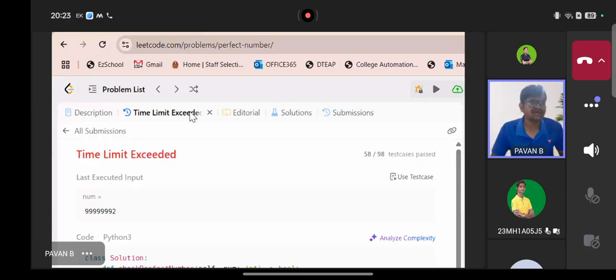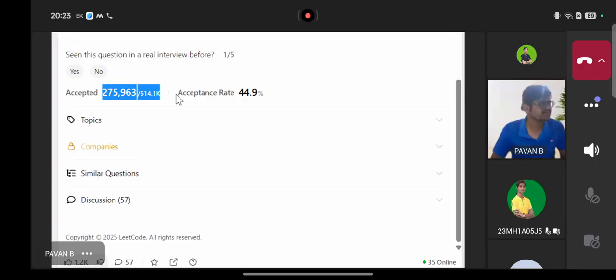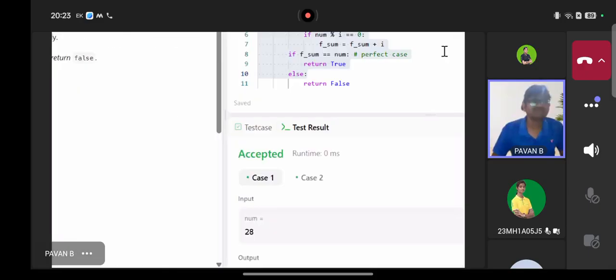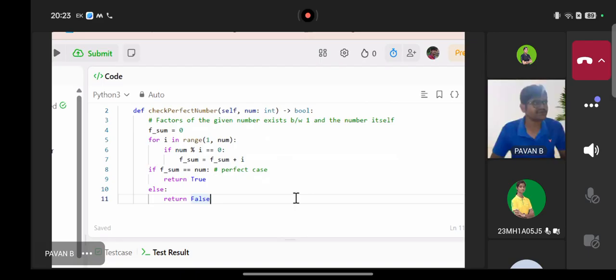So there is a reason why there is a very low acceptance rate for this problem. See, out of 614K submissions, only 275K submissions got accepted, right? The reason is there is a better way to do this. So if you use the brute force approach, it won't work.